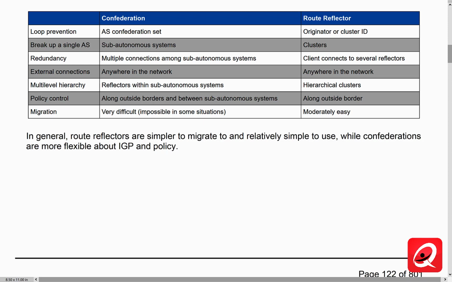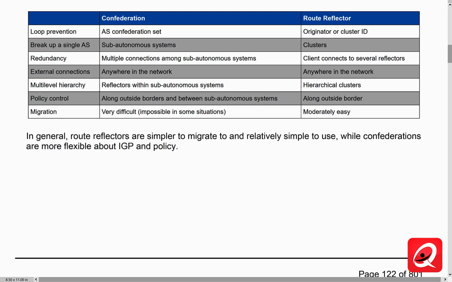For redundancy, we can have multiple connections across the different sub-autonomous systems with confederations, or we can have multiple route reflectors in the route reflector technology. We can establish external connections anywhere in the network in both cases. It doesn't change how we deal with eBGP peering relationships. We have a multi-level hierarchy.